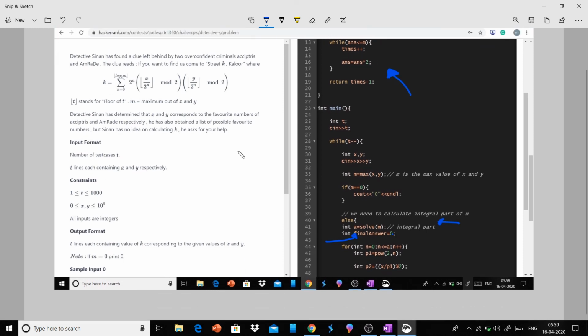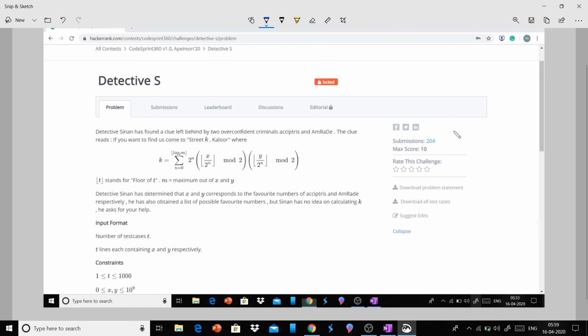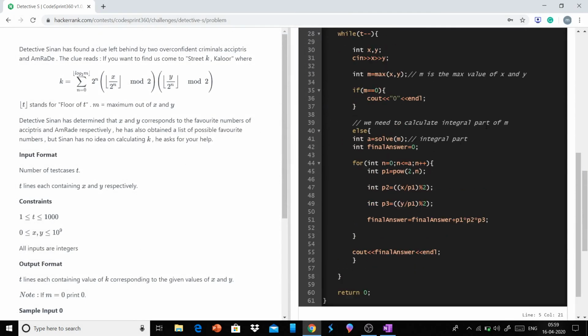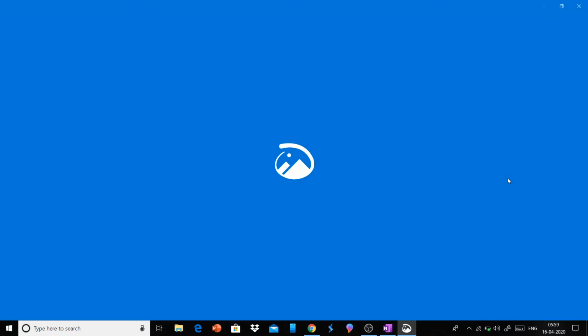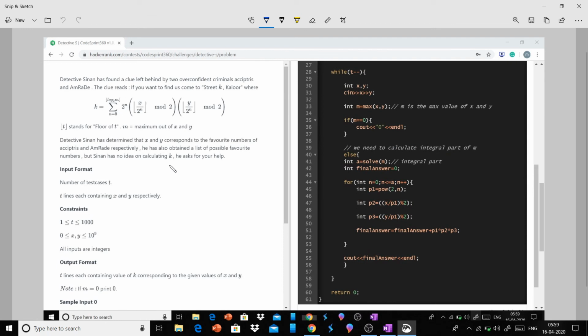What I did next was, for n equal to 0 till the integral part, I need to run this loop. I need to do the summation, so that's what I did. I run the for loop, which means that I keep on running this loop again and again.